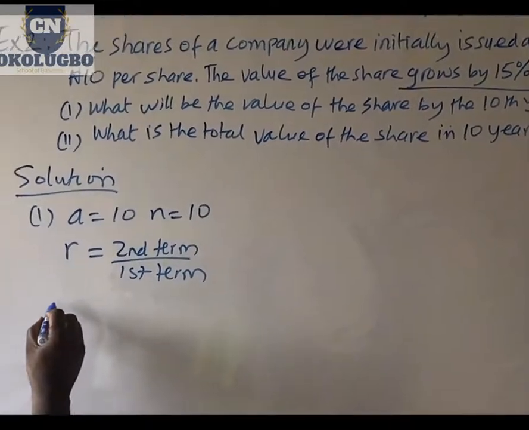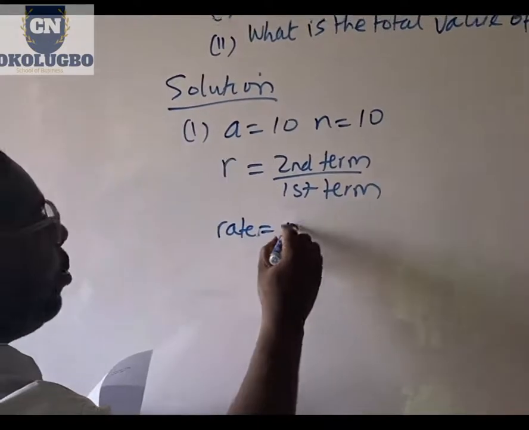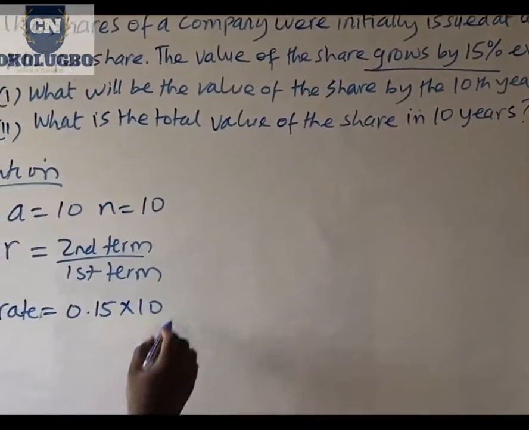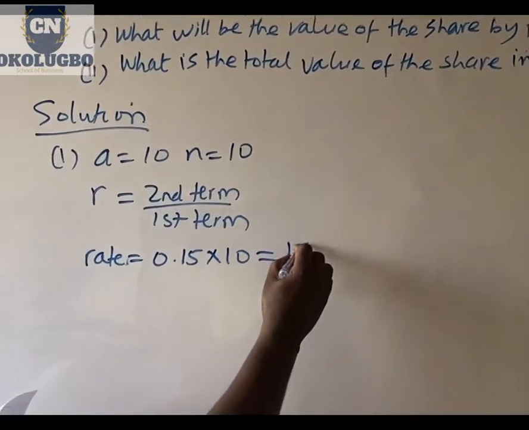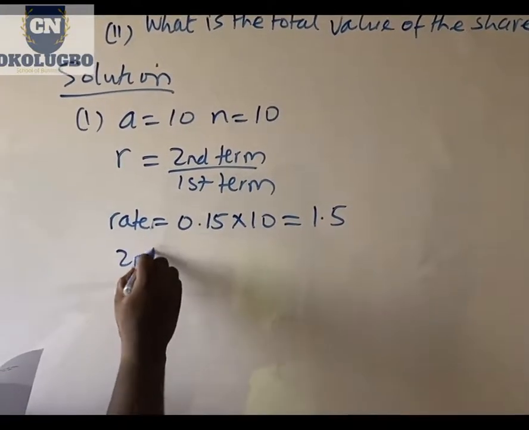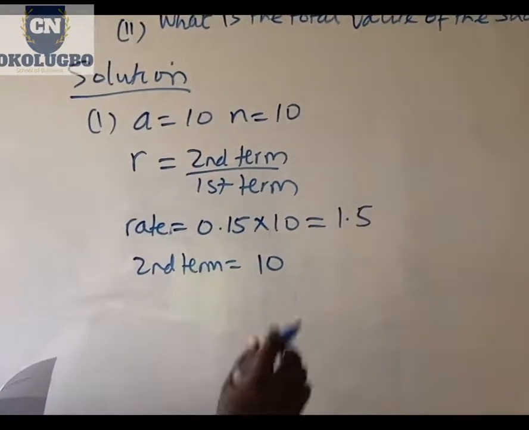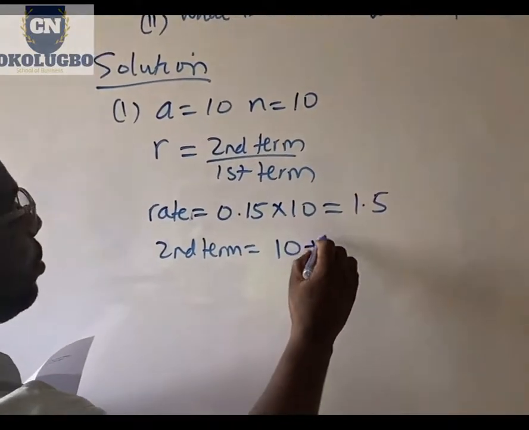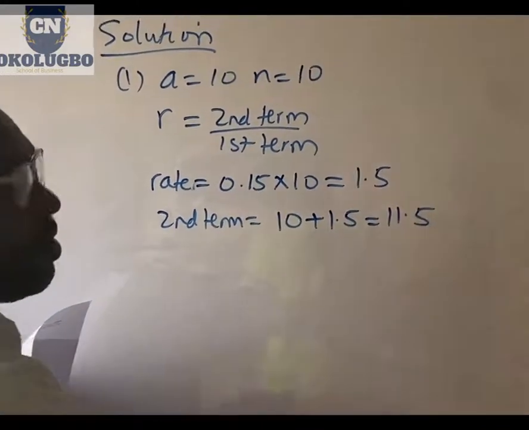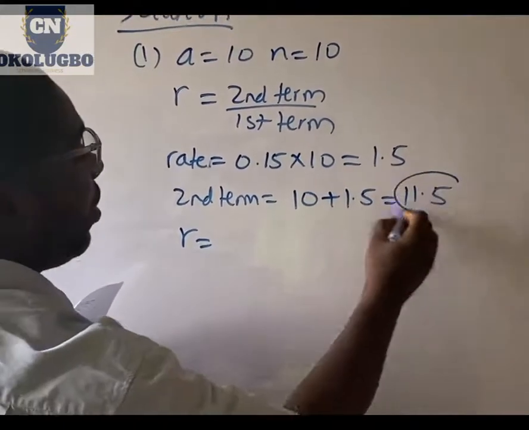So our rate will be 0.15, which is 15%, times 10 naira, and this will give us 1.5. Now that will mean that the second value will be 10 naira for the first year plus 1.5. That gives us 11.5.